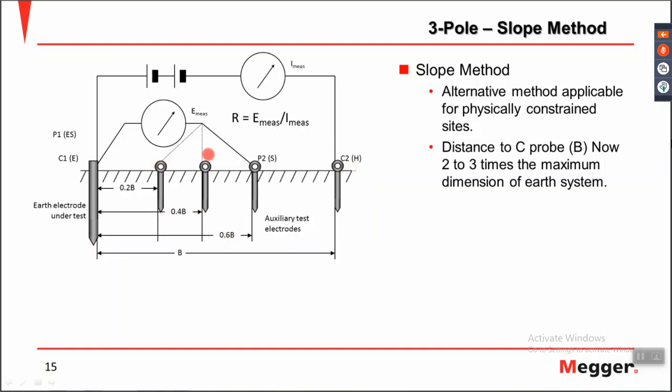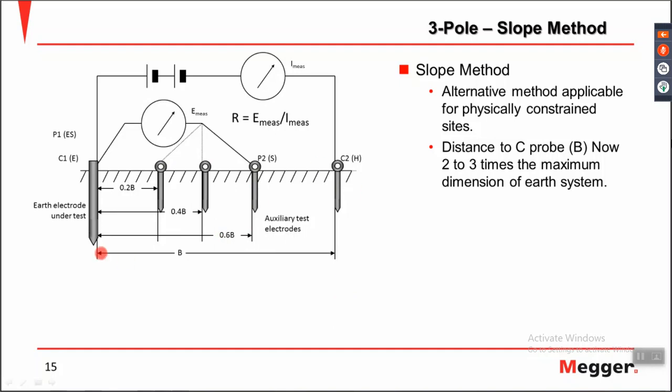So from just 3 measurements, you need some calculation to define the proper position of the potential probe.